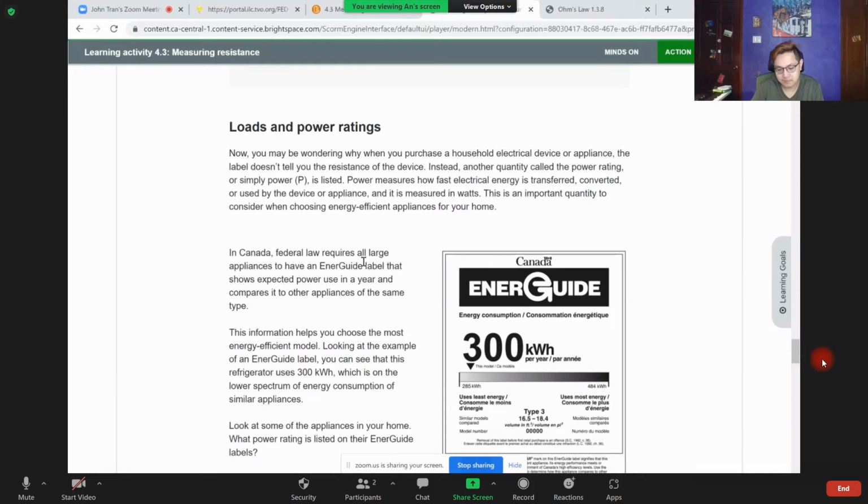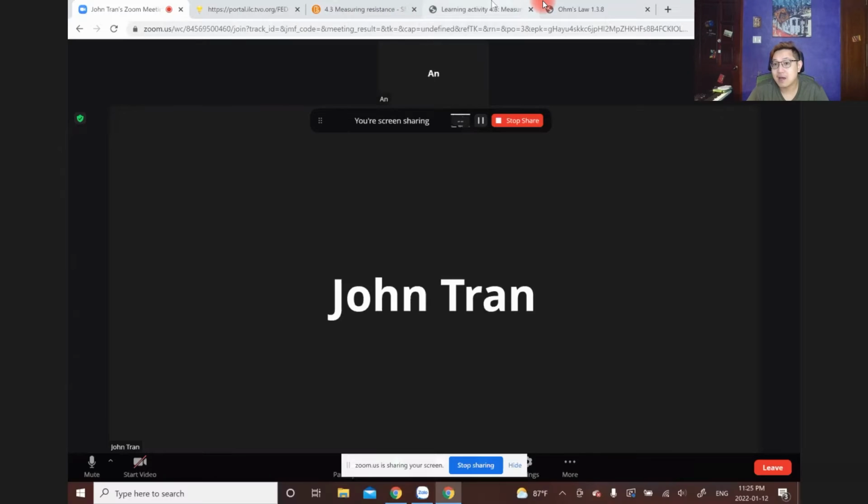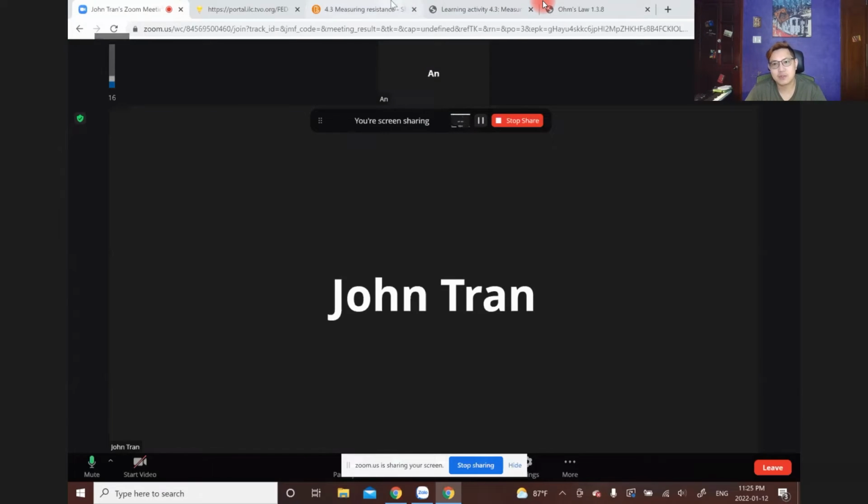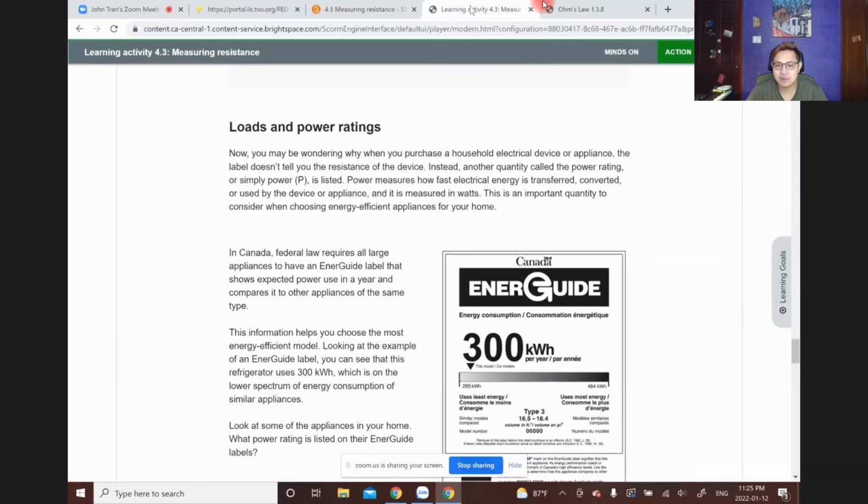For example, if something has a higher power than the others, then it will use a lot more electricity than the other device. For example, an electric kettle is like 1000 to 1200 watts, compared to a light bulb, which is only like 40 to 100 watts.